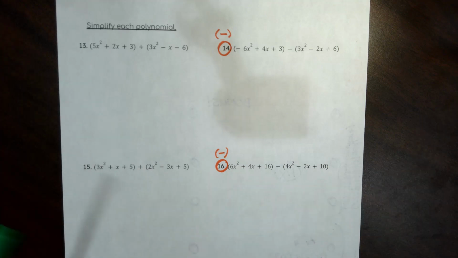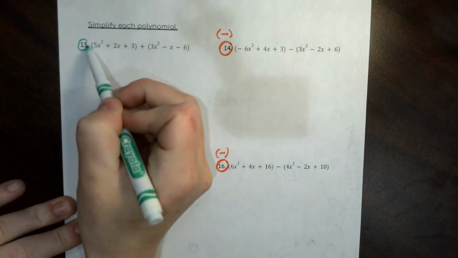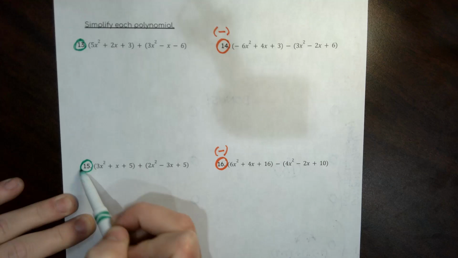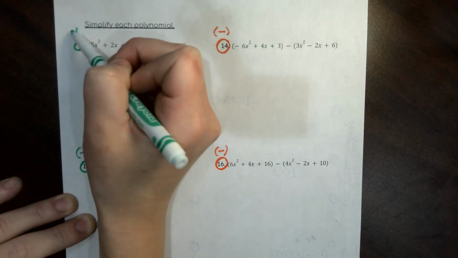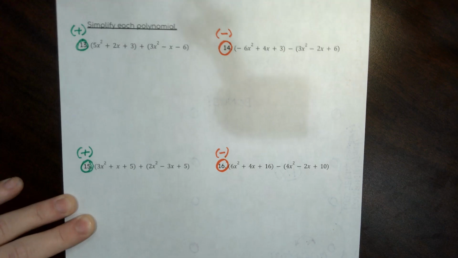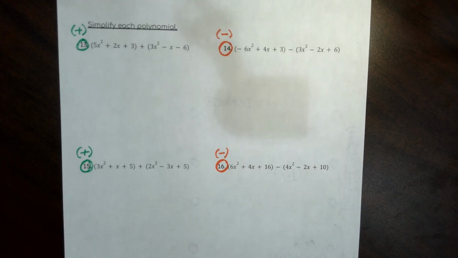And then 13 and 15 are addition, so we don't have to do any distribution in these two. So that's just a little for your information, in case you want to be extra careful tomorrow.